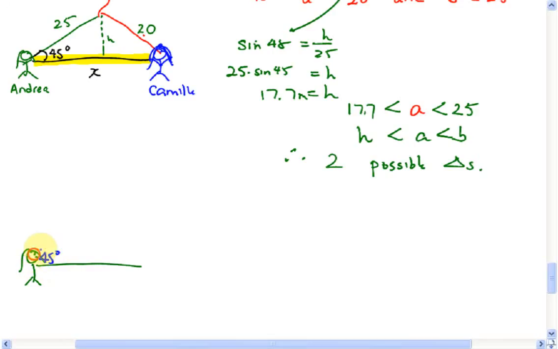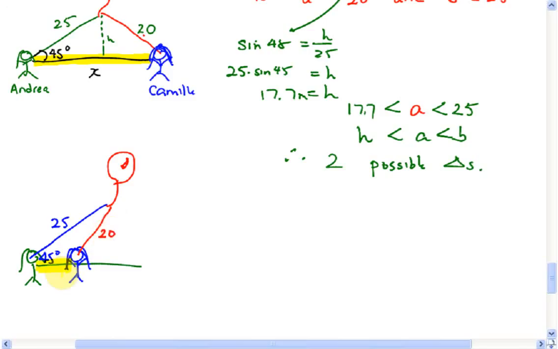Her tether line is still 25. The balloon is still here. But where is Camille standing now? Closer, because they're good friends. So Camille's here now, and here's her tether, 20. Can you see how there are two possible answers now?